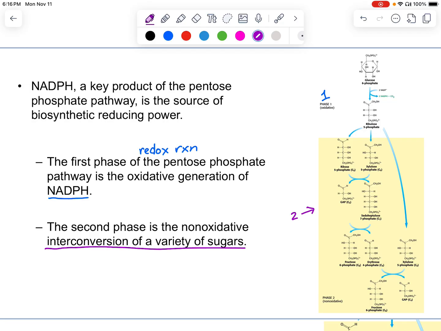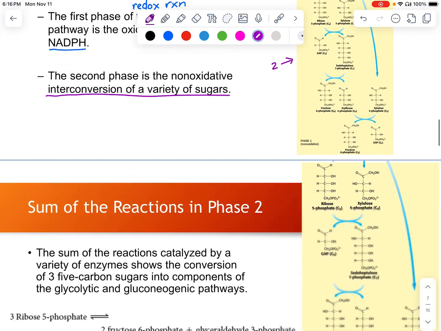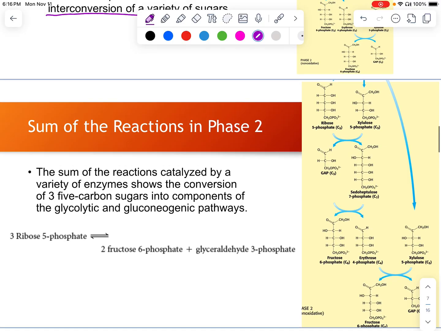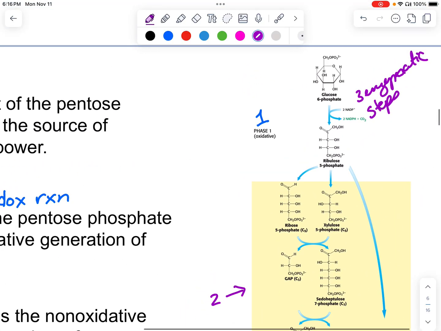All right, to get right here, there's going to be 3 enzymatic steps in that first phase to get us down to the ribulose. Let's look at it up here. So 3 enzymatic steps to get us down to this ribulose 5-phosphate.